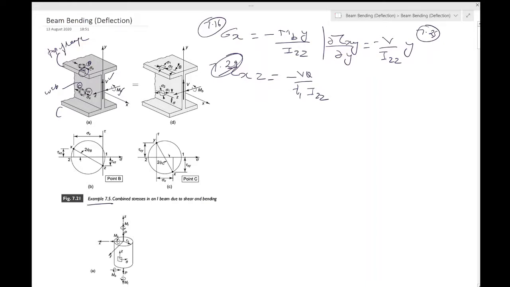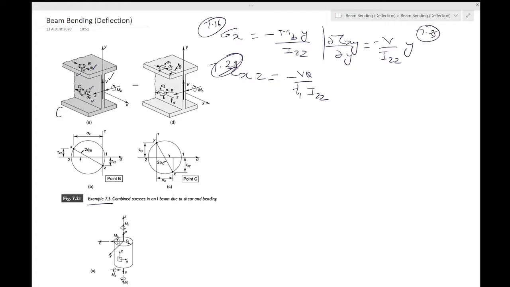So sigma x is shown, tau xy and tau xz, all of them are shown over here. I think the sense of it is actually shown in figure 7.17a. Okay, 7.17d is okay.